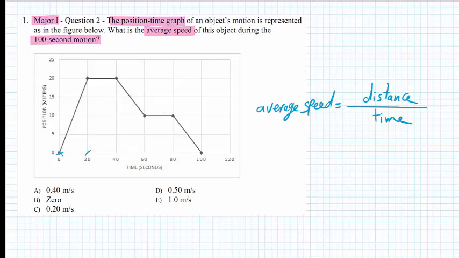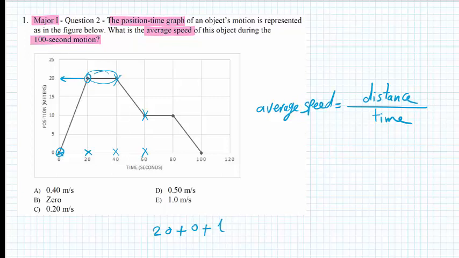What is the total distance? From 0 to 20, the object moves from 0 up to this position 20. So that's 20 meters. Plus, from 20 to 40, the object stopped. So that's 0 distance. Plus, from 40 to 60 seconds, the object moved from the position 20 here into the position 10.